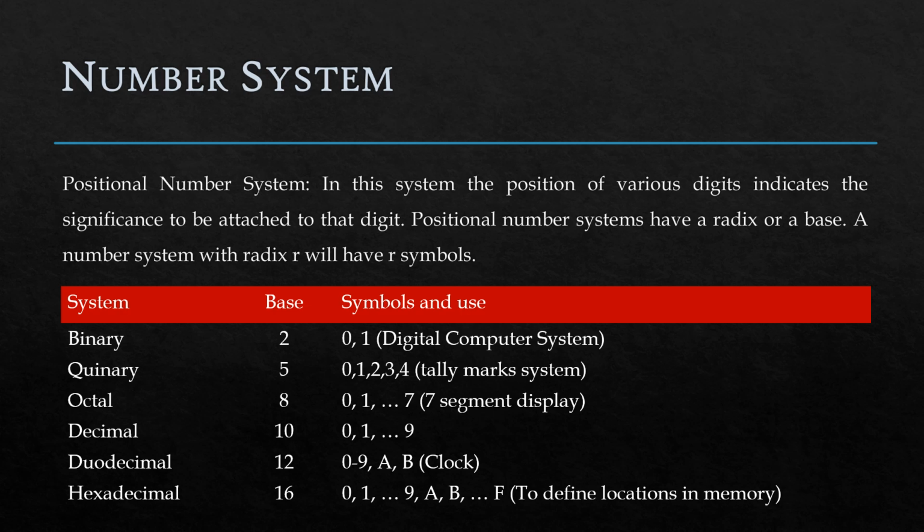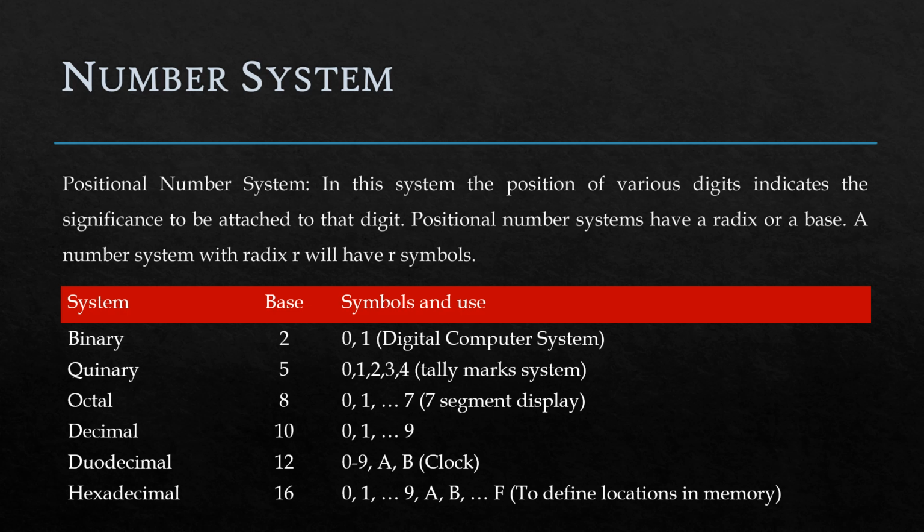In the positional number system, the position of various digits indicates the significance to be attached to that digit. These positional number systems have a radix value or a base value, represented by the symbol R. Each positional number system has a radix value, and this radix value means that the number system consists of R distinct symbols.